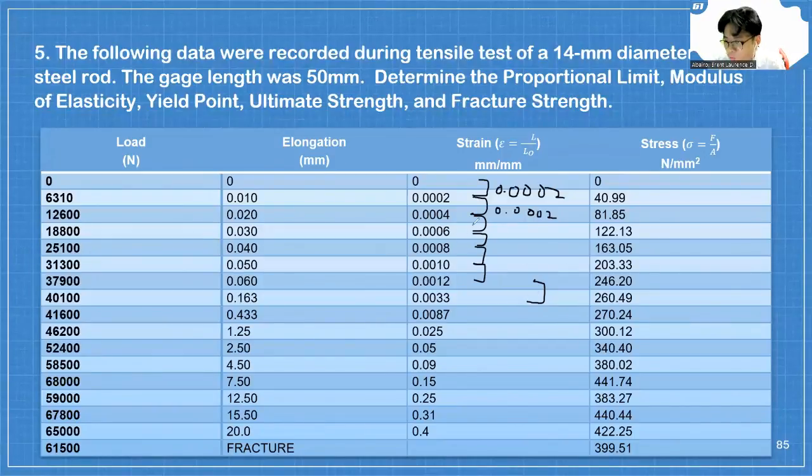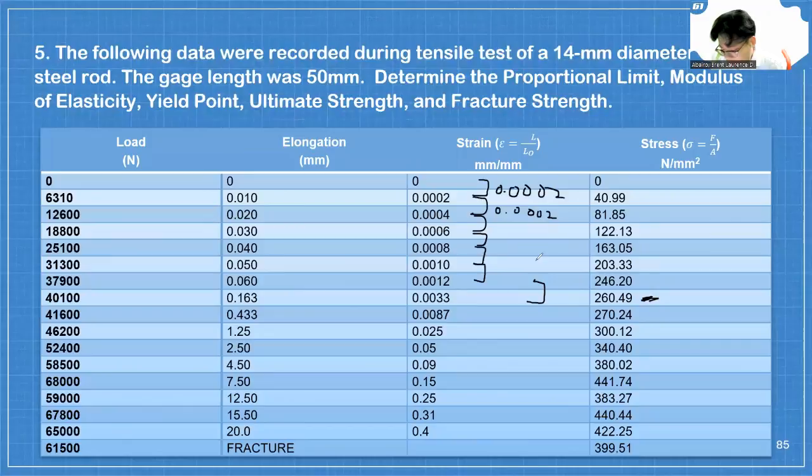Kung titingnan natin dito, yung difference din nila is bigla ring nag-iba, which is yung parang more or less 40 yung dinadagdag dito. Dito din sa part na ito, naging iba na siya. Diba?